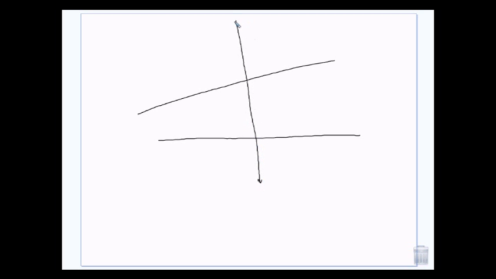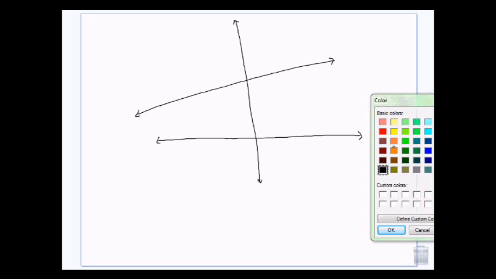So I have 2 lines and a transversal. Okay. I'm going to use 8 different colors.